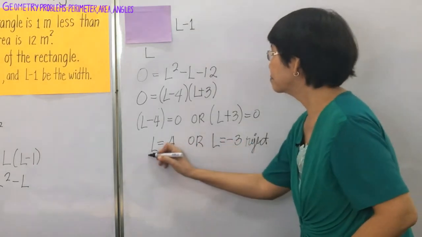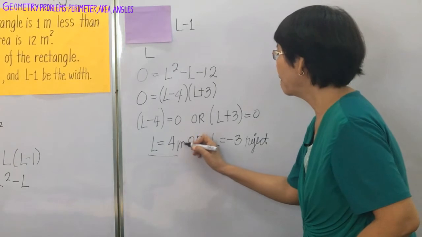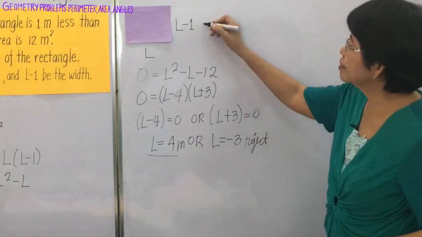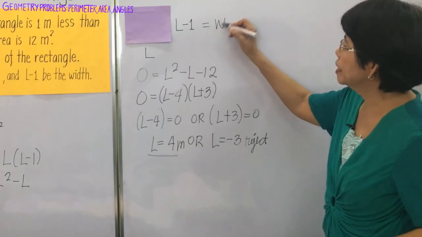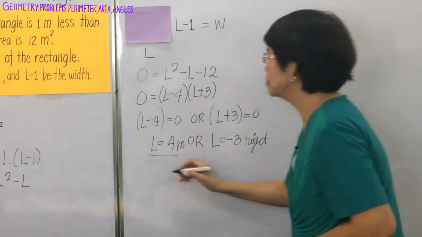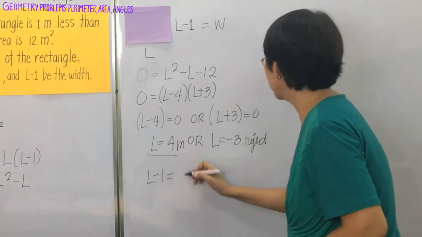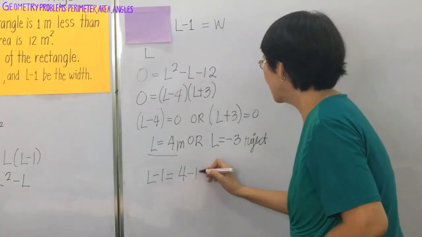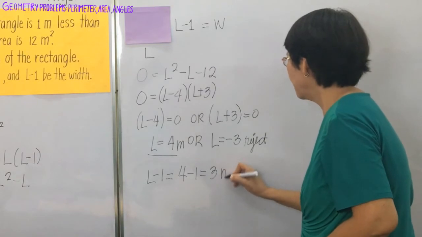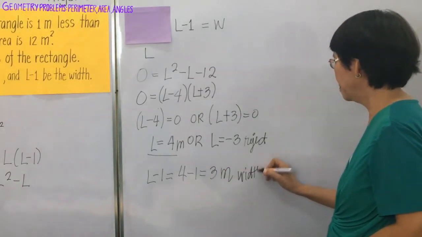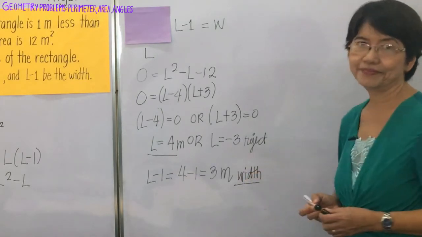And we will accept L is equal to 4 meters. But since our width is equal to L minus 1, so L minus 1 is equal to 4 minus 1, or 3 meters. So this will be our width.